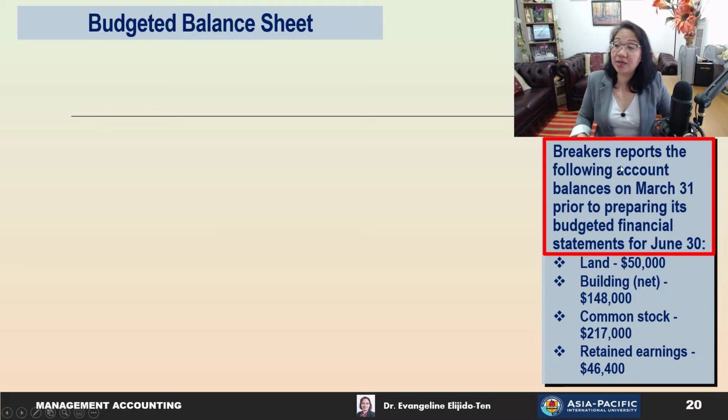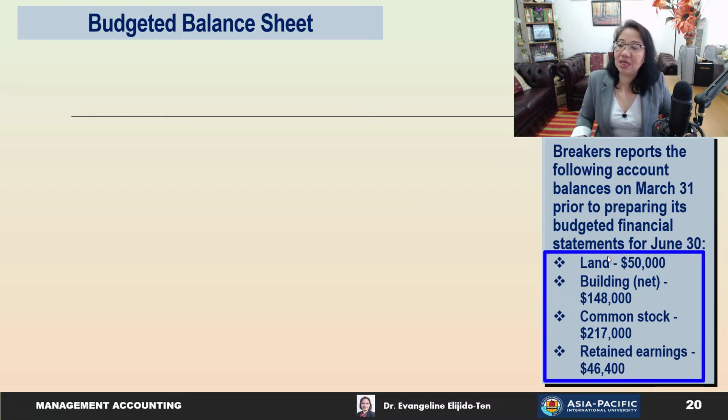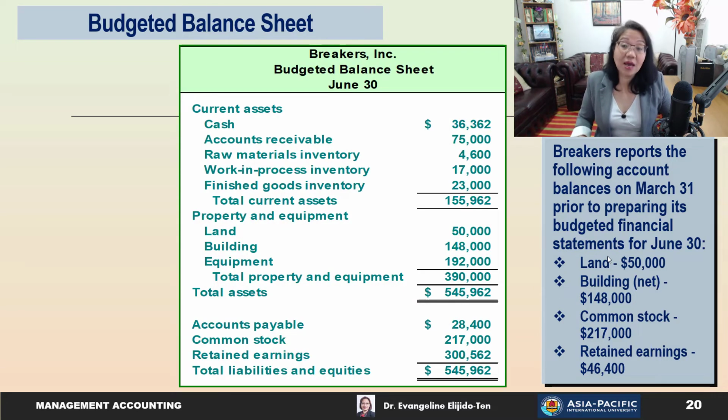And so Breakers have provided this information from the balances on March 31st prior to preparing the budgeted financial statements for June 30th. So we've got land, building, common stock, and retained earnings balances provided here. So we can now prepare the budgeted balance sheet.